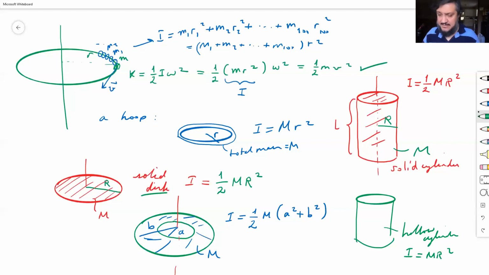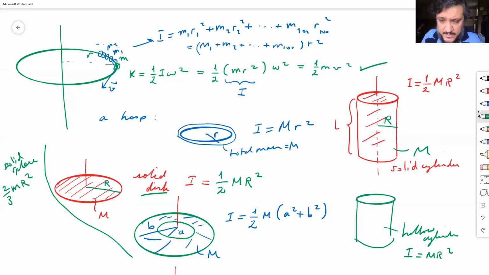And if you look at that table in the book, you will have a sphere. Let me just include it here. Solid sphere, 2/3 MR squared, hollow sphere.